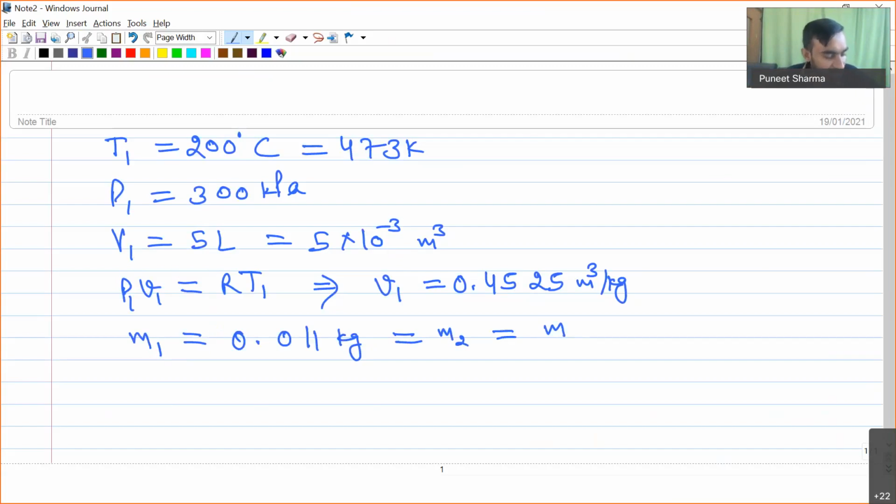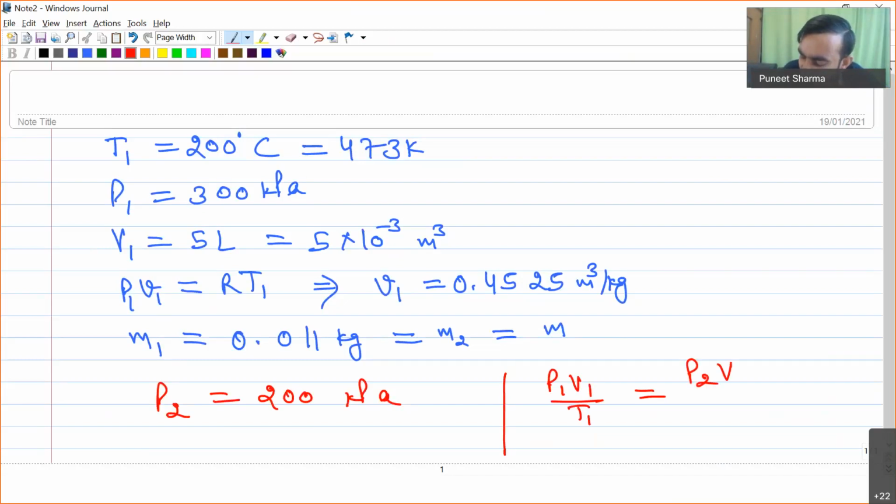Okay. Now if I talk about final state, already I have determined that final pressure will be equal to 200 kilopascals. And from the ideal gas equation, considering nitrogen as ideal gas under the given conditions, I can write P1 V1 by T1 will be equal to P2 V2 by T2.